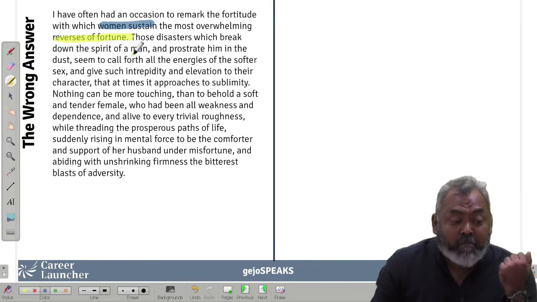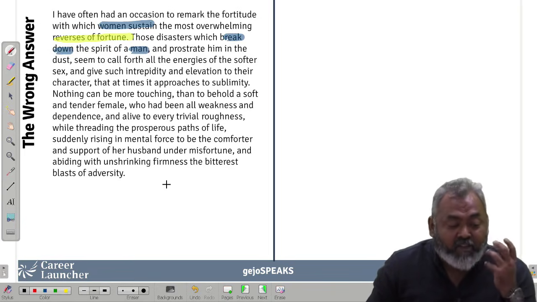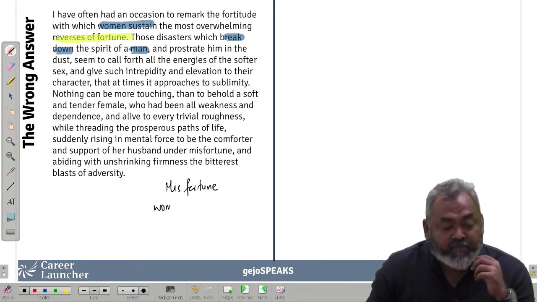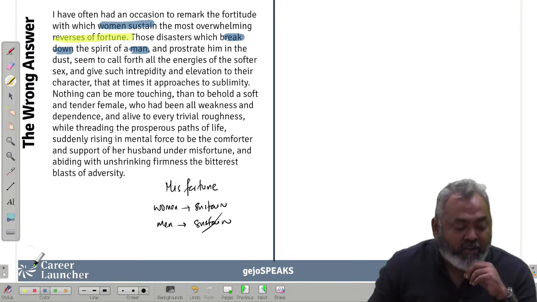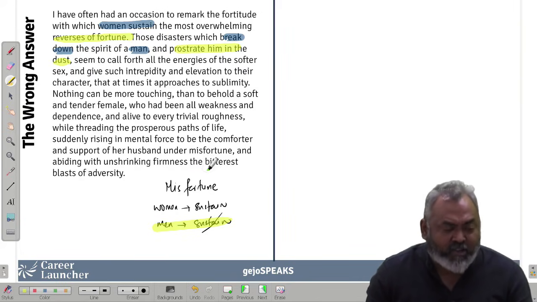So men break down, or let's say do not sustain. And it says, and prostrate him in the dust. Prostrate in the dust is very similar to men not sustaining.